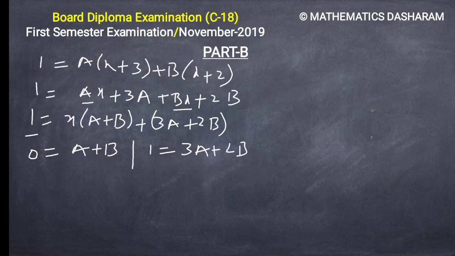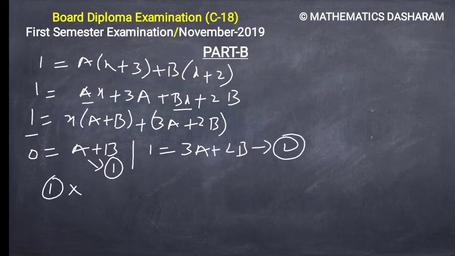So we have two linear equations. In 10th class we learned how to solve two linear equations by using the substitution and elimination methods. So here I am using the elimination method. Take this equation as 1 and this as 2. Equation 1 multiplied with 3 because I want to eliminate the variable A, whose coefficient is 3.